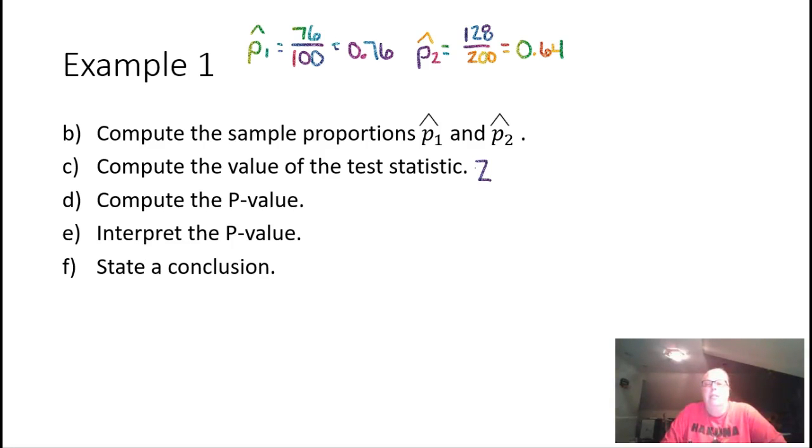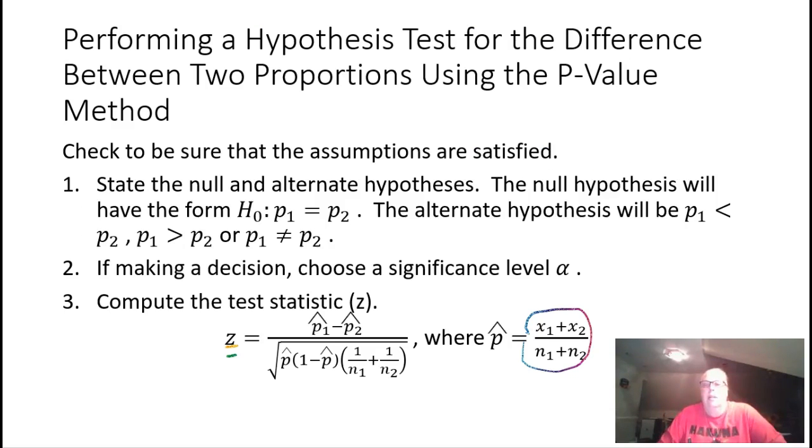Our test statistic is going to be P1 hat minus P2 hat divided by, now our pooled proportion, the P hat, that's going to be x1 plus x2 divided by n1 plus n2.